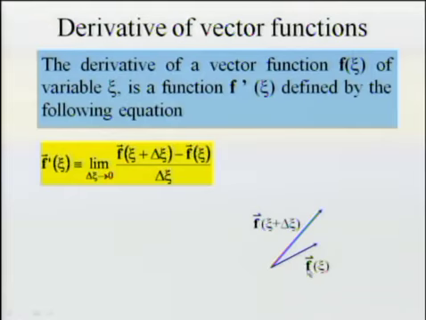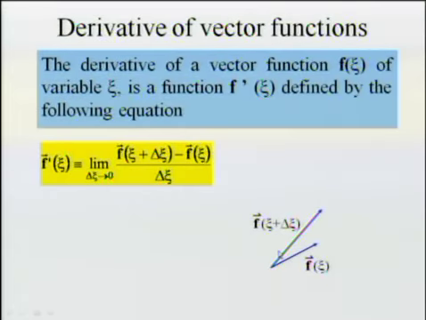If I subtract vector f of xi from vector f of xi plus delta xi, what am I going to get? Delta f, but where should I mark it? Am I going to get a number or a vector when I calculate the difference? A vector, correct. All right.